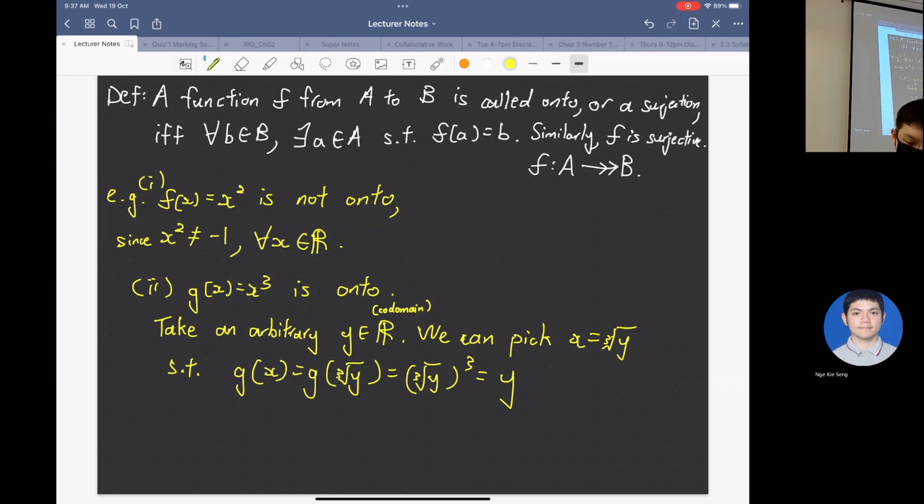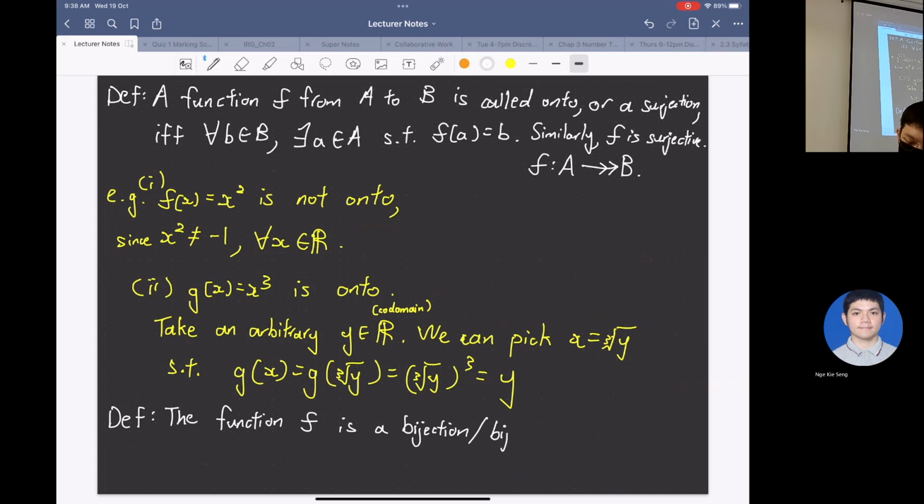If a function has both of these properties, then we call it a bijection, or a one-to-one correspondence.